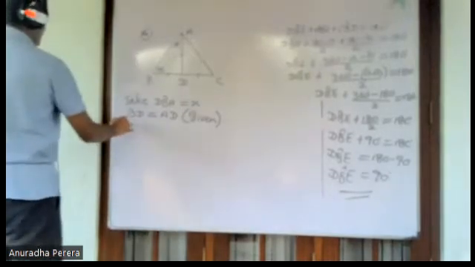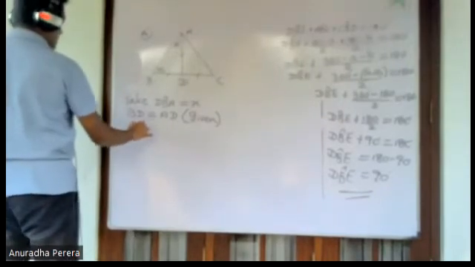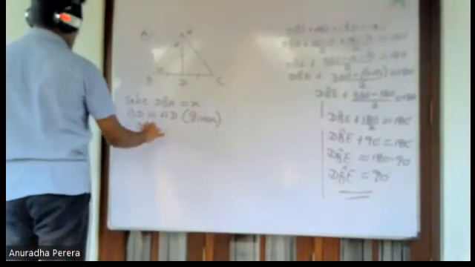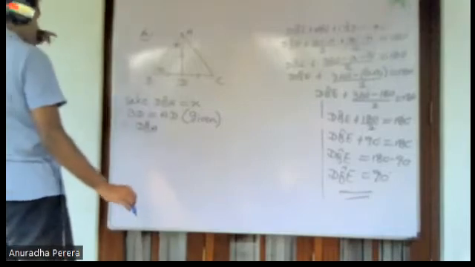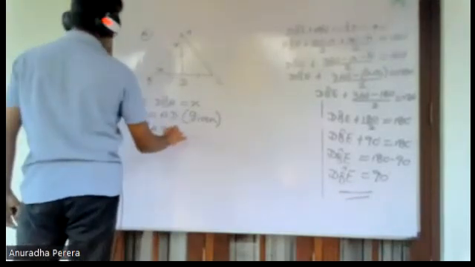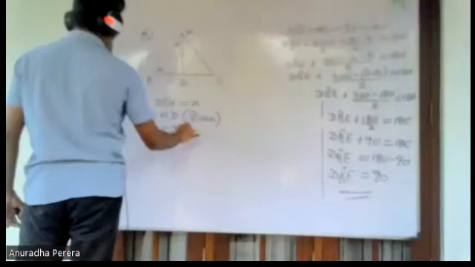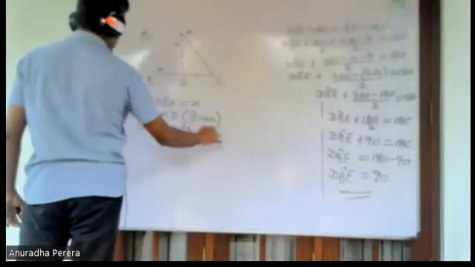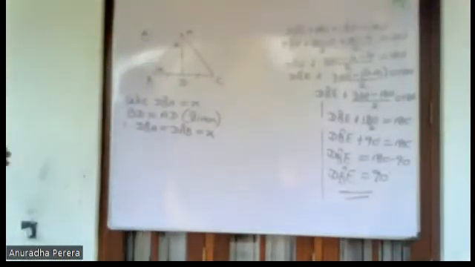Therefore, DBA equals DAB equals x, right? DBA, DAB equals x.